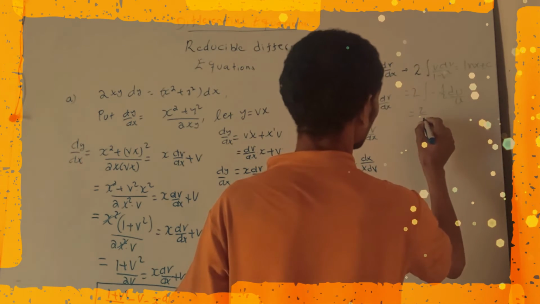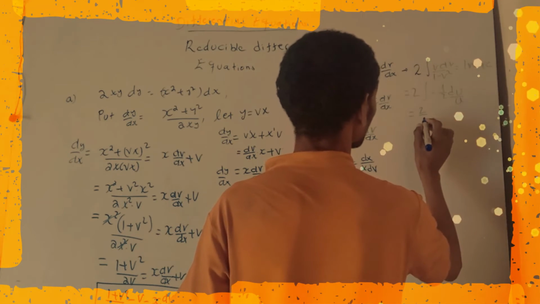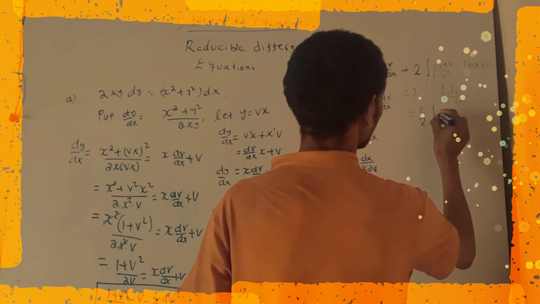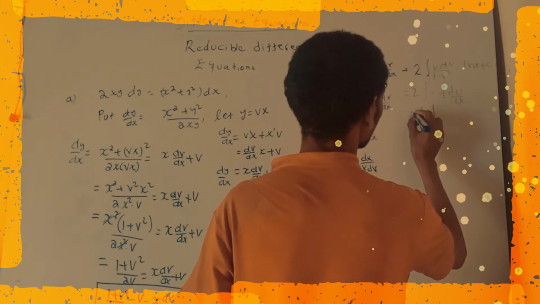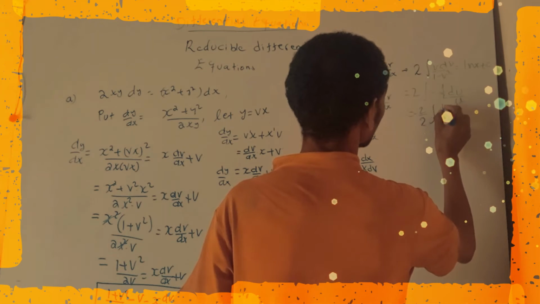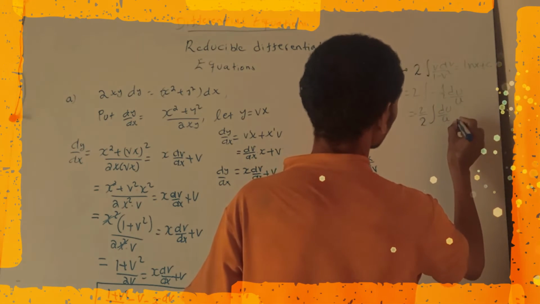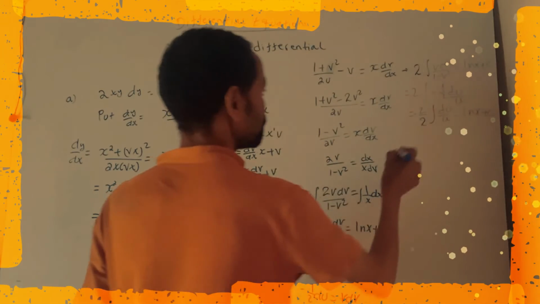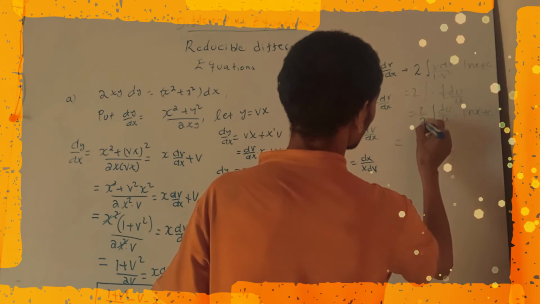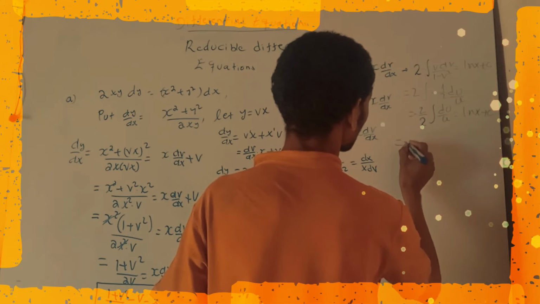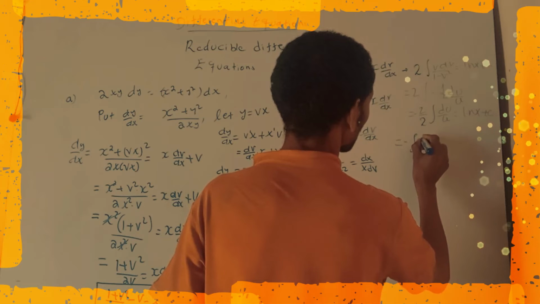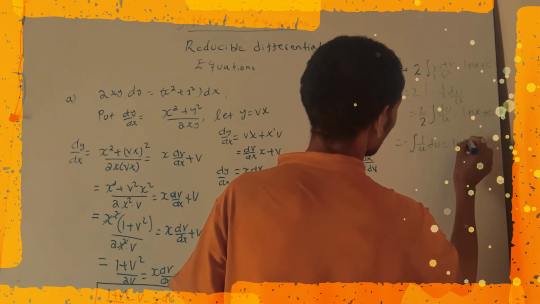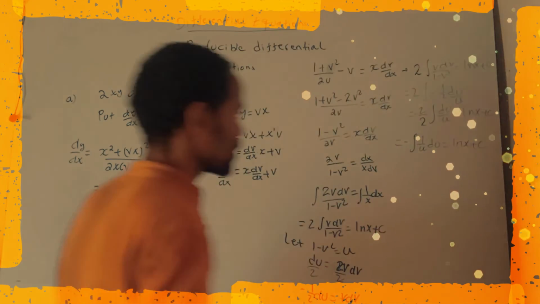I can take 2 over, the factor of this 1 over 2, just 1 times 2, 2 over 2, with negative sign. That is negative du over u equals ln x plus some constant c. 2 divided by 2, that is negative integral of 1 over u du equals ln x plus some constant c.